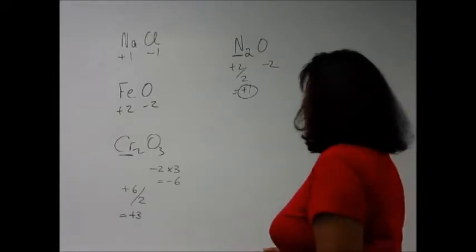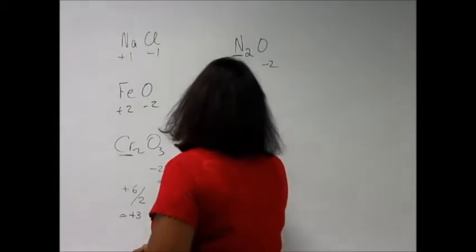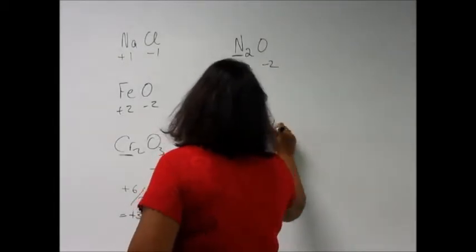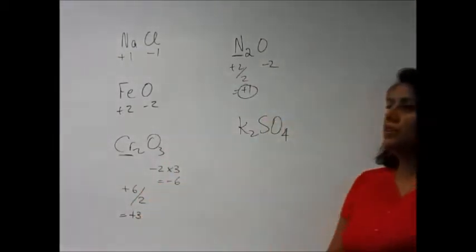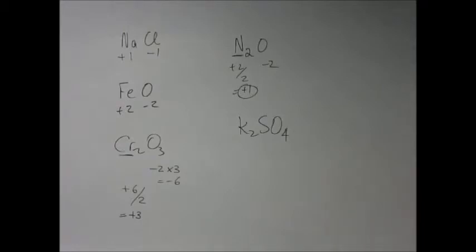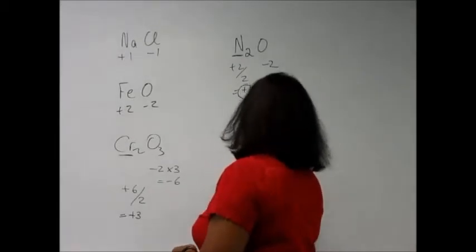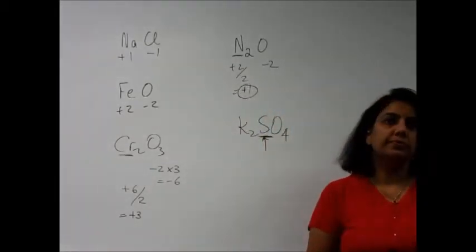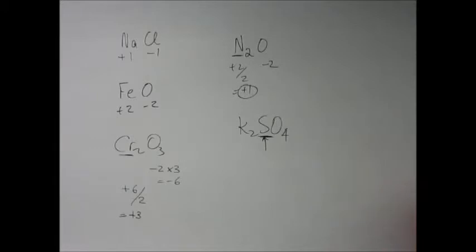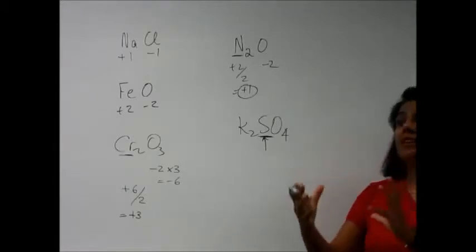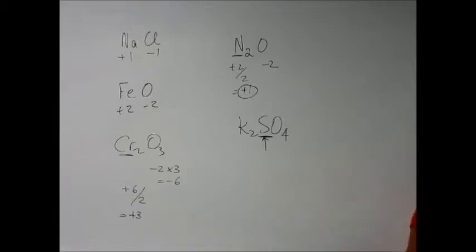Let's do a polyatomic ion. Let's say we have this, which is potassium sulfate. And if I ask you to calculate the number for sulfur. So now you have 3 elements to work with. Now you can't take sulfate as a total sulfate. Now you have to deal with each element separately.